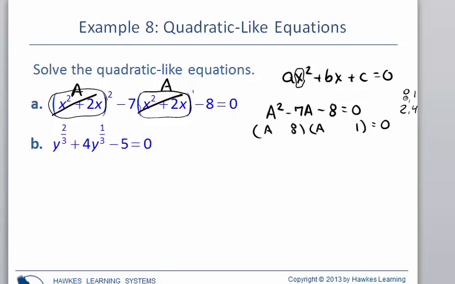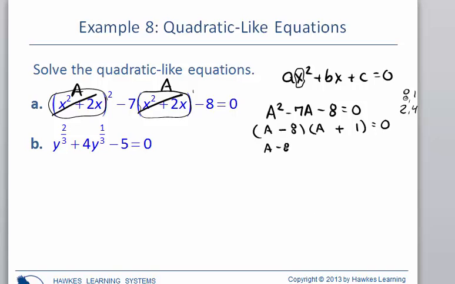So now what do your signs need to look like? We need a negative 7. So that means that on this 8, we need the negative, and on the 1, we need the positive. Now again, if factoring is something that you feel weak in, you would want to FOIL this out to be sure that you have it correct. And so then we'll set each of these equal to 0.